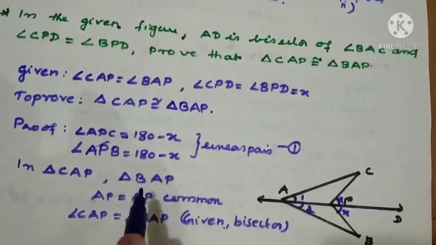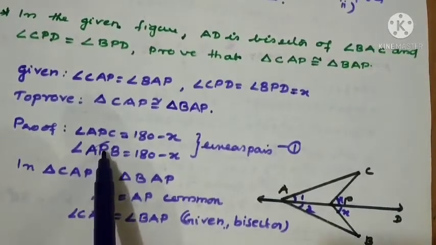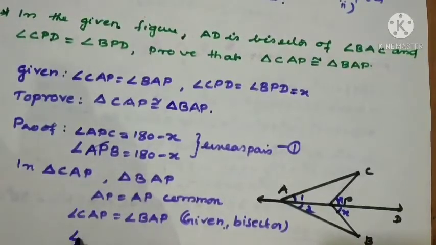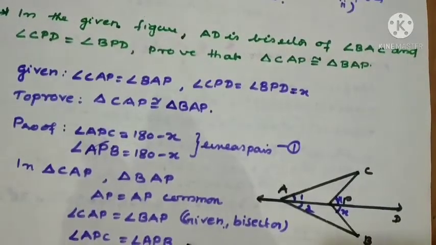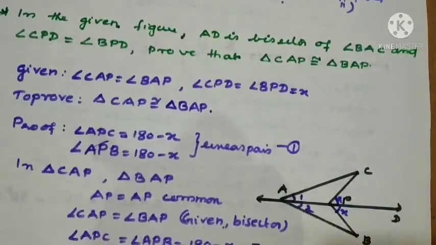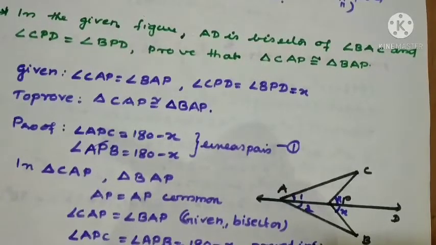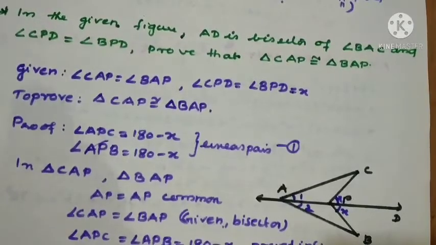What is the next? We already proved that angle APC equal to angle APB. Bracket what we can write? Equal to 180 minus X we can write, or we can write proved in 1. So what is the next? Triangle CAP is congruent to triangle BAP.